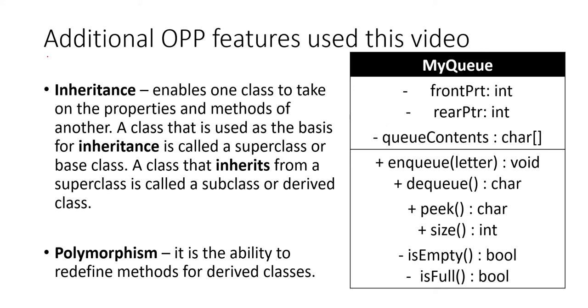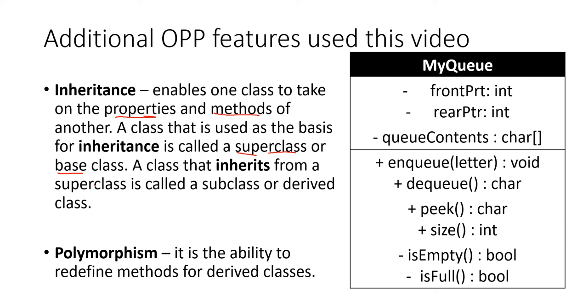So yeah, inheritance is the ability for one class to take on the properties and methods of another. The class that is used as the basis for the inheritance can be named superclass or base class. Also there's another name as well. It could also be called parent class.